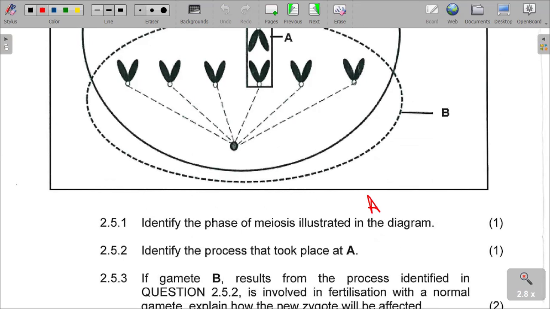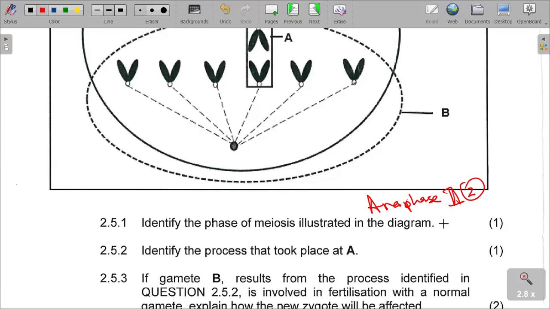This is anaphase 2. Anaphase 2 is shown in this diagram.